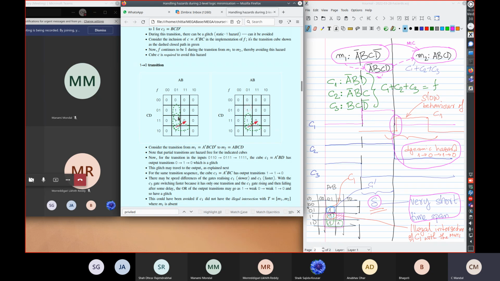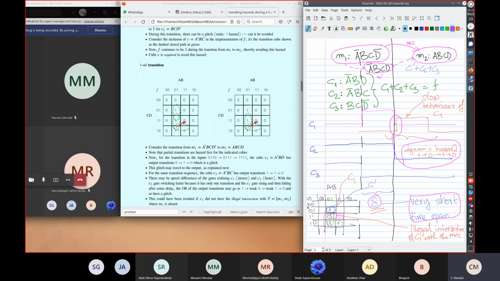This part, which is shown over here, is called an illegal intersection. This is the part which is giving rise to this glitch, and if this glitch is delayed, it shows up as a dynamic hazard.